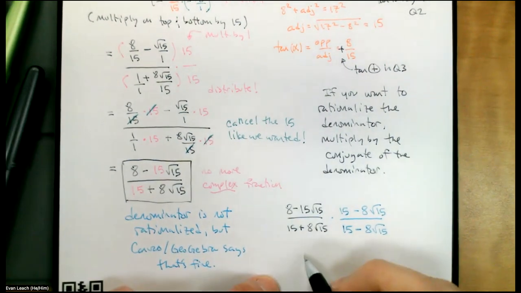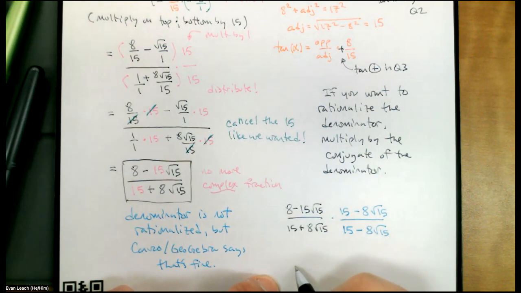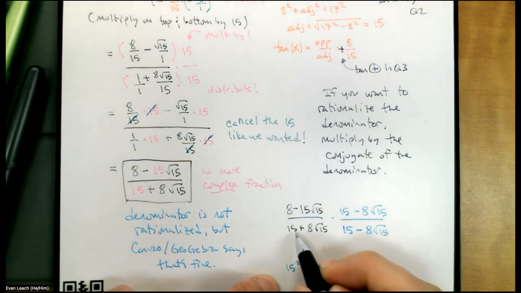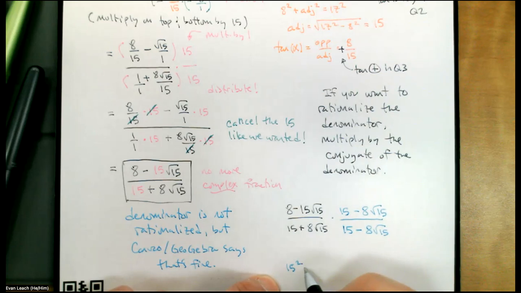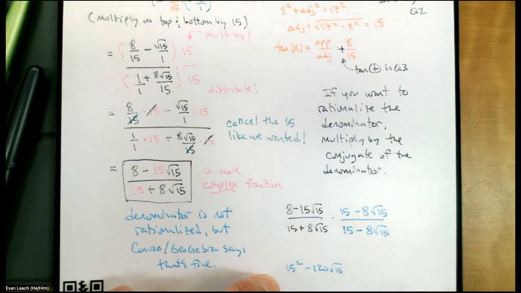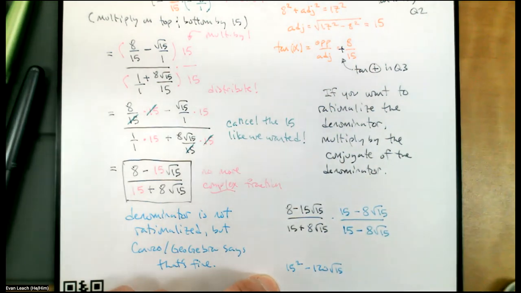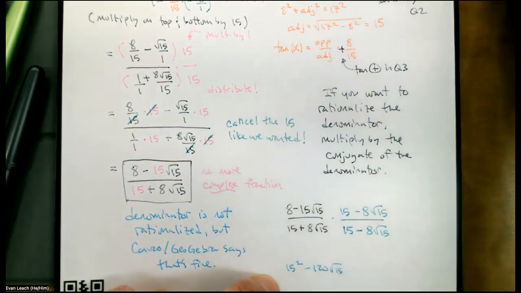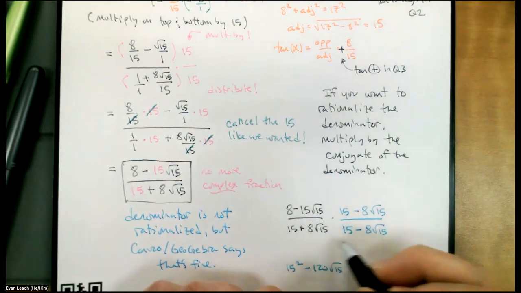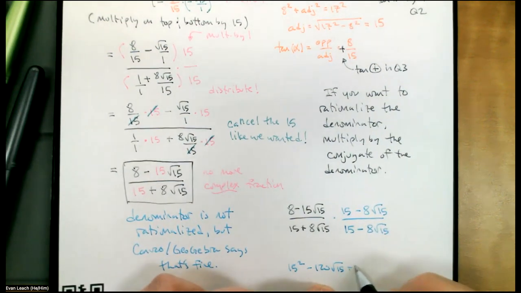So I'd have 15 times 15 is 15 squared, minus 120 root 15. Is it 100? How much? 120. 15 squared is 225. So then we have a plus 8 root 15.